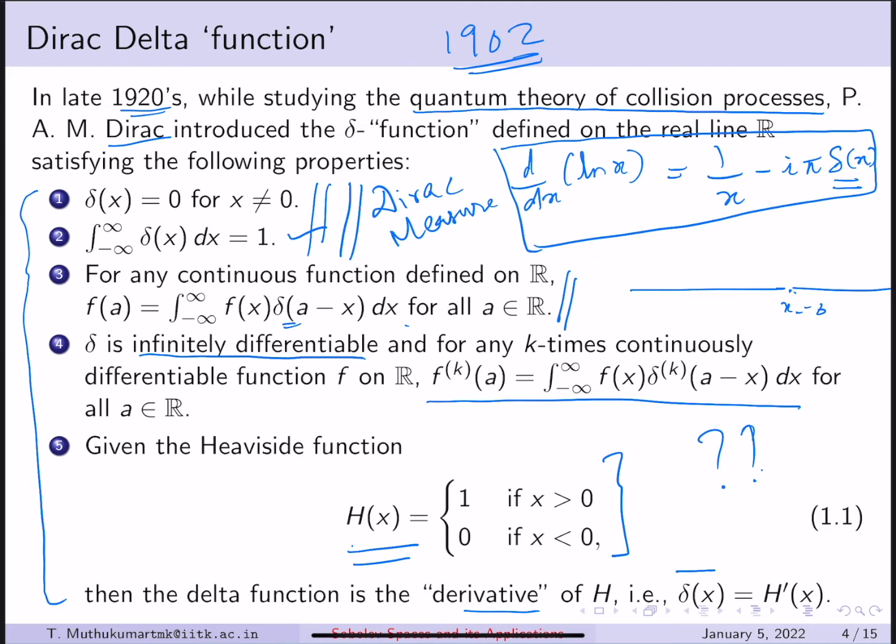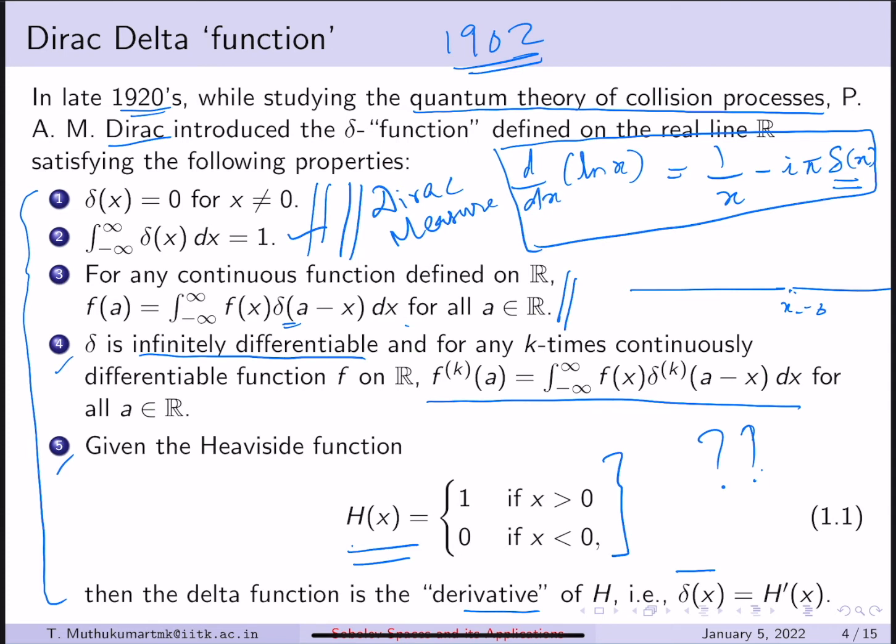So this example illustrates why one should generalize, why the need for generalizing a function came in. Properties 4 and 5 are one particular motivation of why one should try to generalize the notion of differentiability to the generalized function.